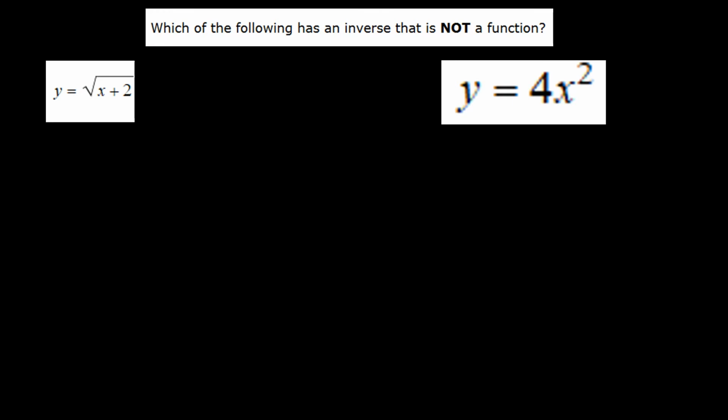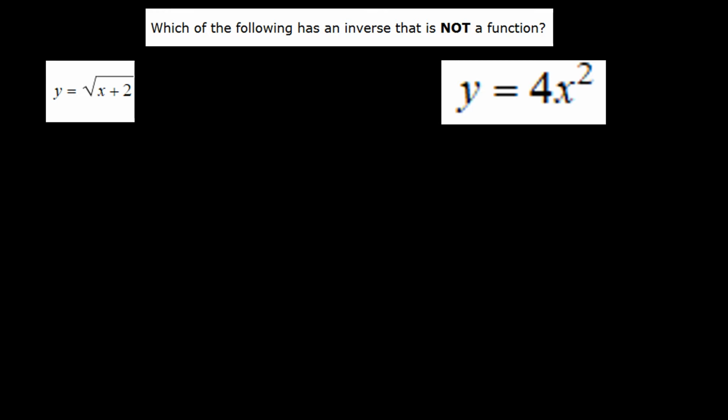So we got a couple of practice problems here that says, which of the following has an inverse that is not a function? Okay, so we're discussing two things here, inverses and functions. And so let's go ahead and work this first one out, and then we'll discuss it.